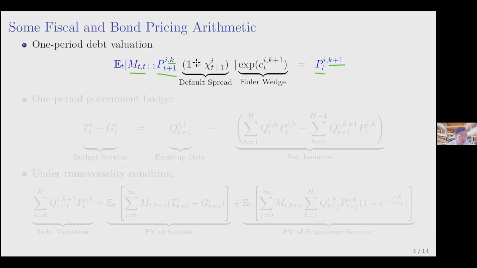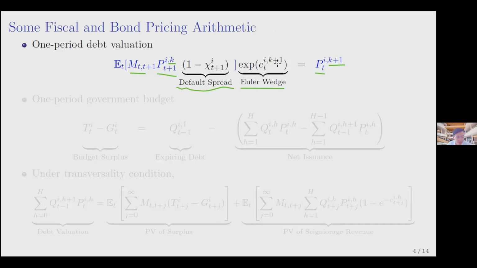Then to make things more realistic, we can introduce a default spread where chi denotes the default indicator at time T+1 for country I, and chi could be between 0 and 1 as well to indicate a partial default. If chi is 0, there's no default, and then this reduces to the case without default. What we additionally have here is an Euler equation wedge, which is interpreted as the convenience yield in this bond pricing formula.